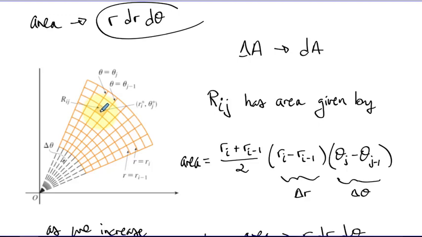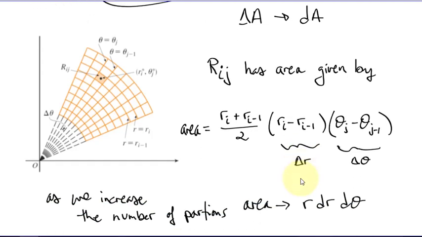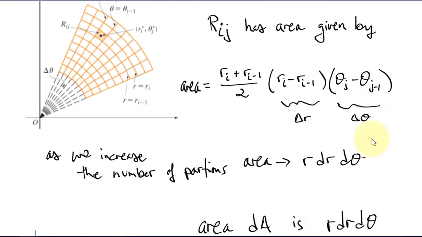In that limit, first of all, the actual area, just as we derived above, is the two different radii added and divided by 2, times the difference of the radii and the difference in the angles for that particular region. And as I was just saying, as we increase the number of these little regions, this will approach r, this approaches a differential in the radius, and this approaches a differential in the angle. So the area becomes r dr d theta.